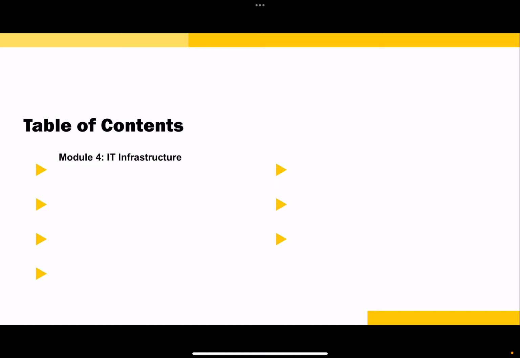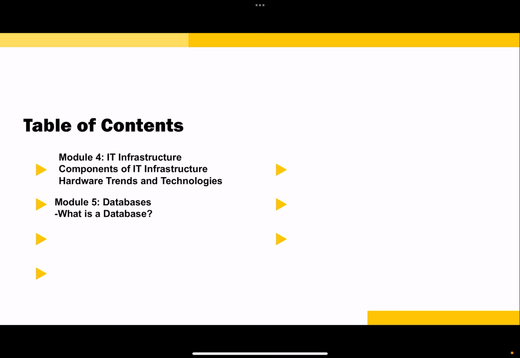First, we'll talk about Module 4, IT infrastructure and components of IT infrastructure, hardware trends and technologies. Second, we will talk about Module 5, databases: what's a database and principles of database management systems, DBMS.